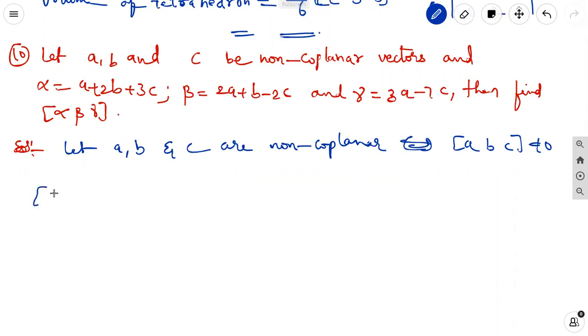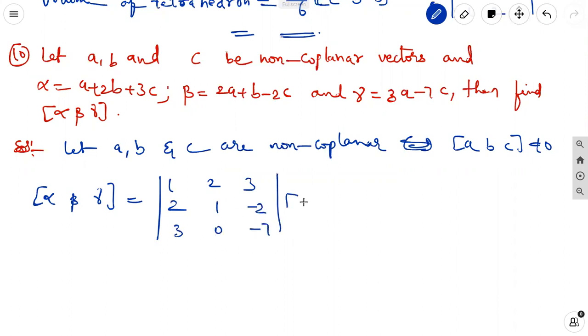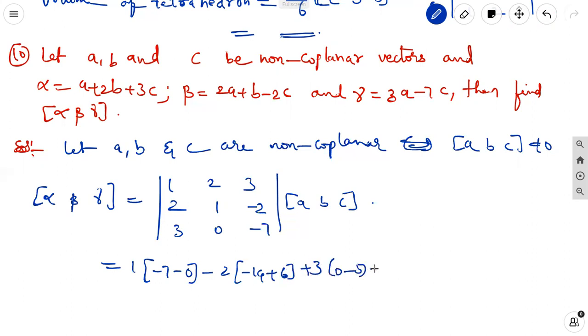Next, to find the volume of alpha, beta, gamma, it is equal to the determinant 1, 2, 3, 2, 1, minus 2, 3, 0, minus 7, into the volume of a, b, c. Find the determinant: 1 into minus 7 minus 0, minus 2 into minus 14 plus 6, plus 3 into 0 minus 3, into abc.